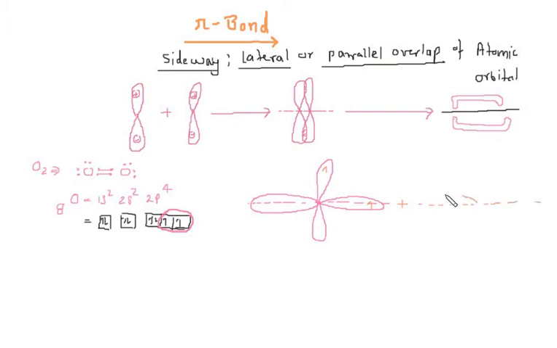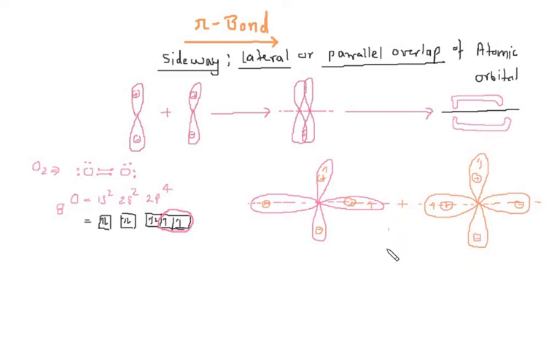Let's draw even this one. Both the orbitals are having electrons. This one is having a plus wave function, and this one is having a plus. It is minus, it is minus, plus, minus, plus, and this one is minus.